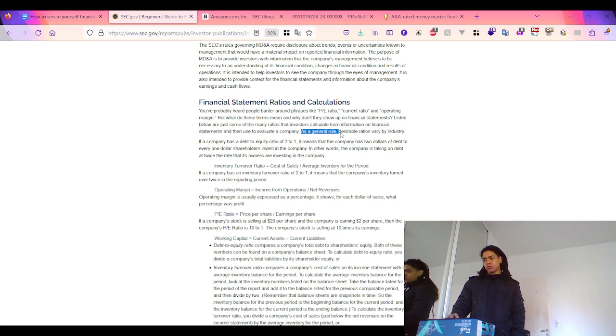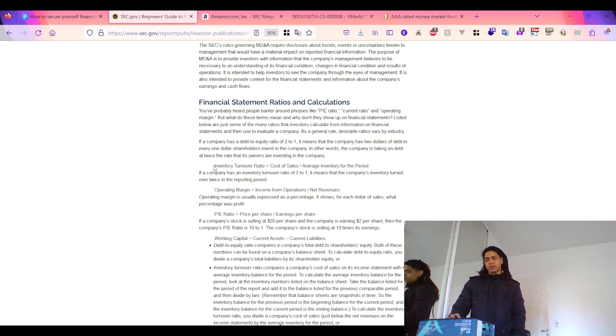As a general rule, desirable ratios vary by industry. If a company has a debt to equity ratio of 2 to 1, it means that the company has $2 of debt for every $1 shareholders invest in the company. In other words, the company is taking on debt at twice the rate that its owners are investing.